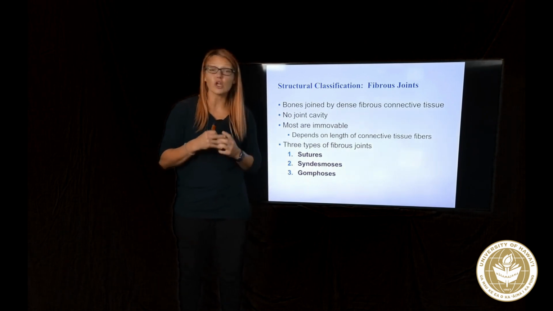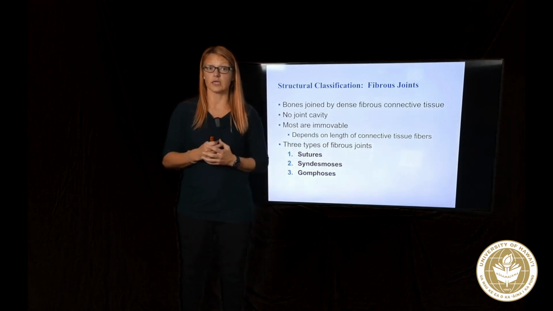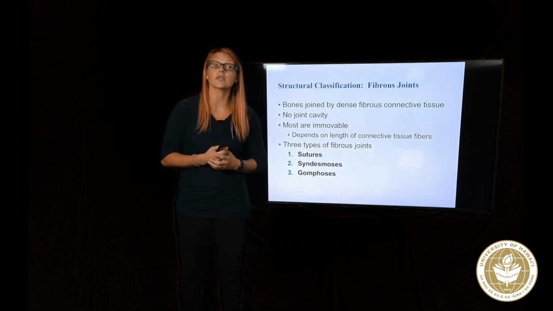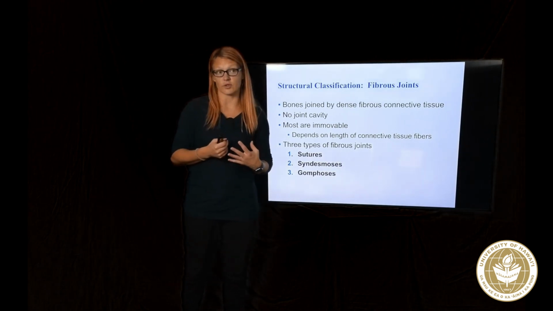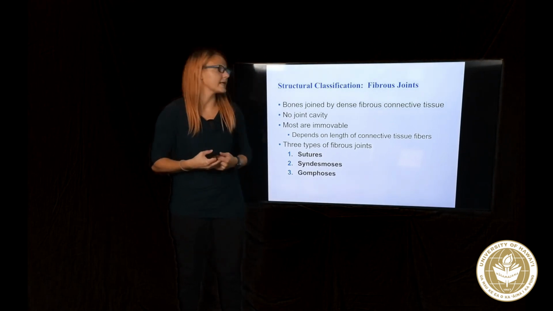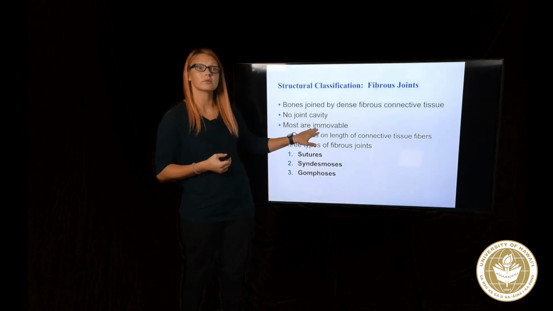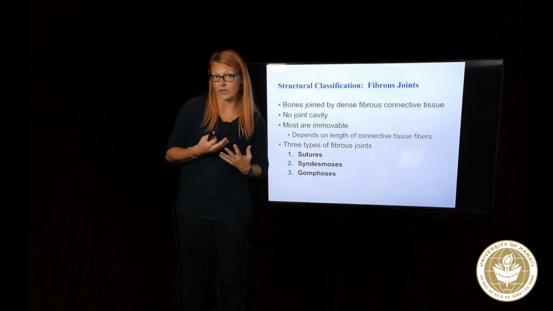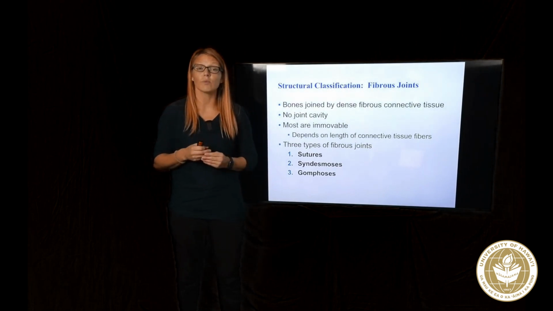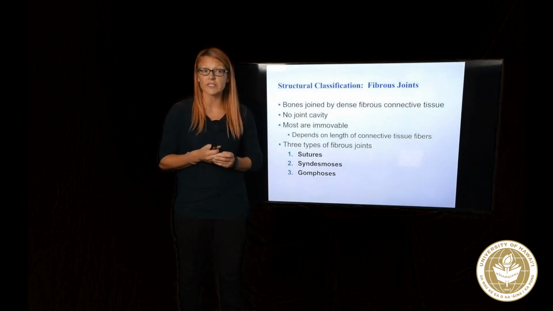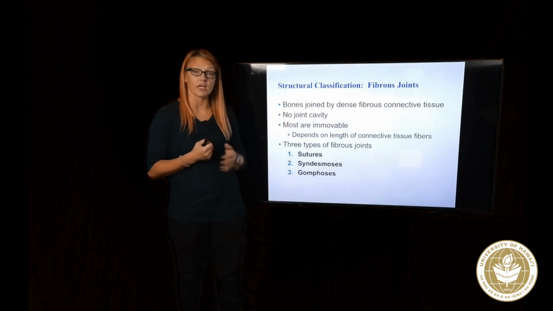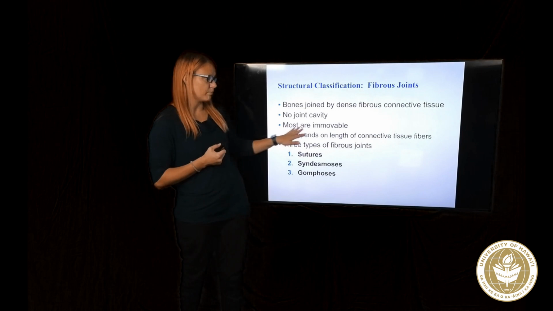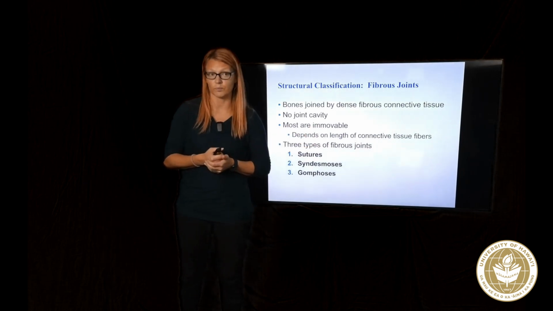So there's really no joint cavity in these fibrous joints. And we're going to talk more about cavities when we get into the other types of joints. But because they're mainly immovable, they don't have a cavity to move around. And when we talk later about synovial joints, you'll see why that cavity is so important. So again, no joint cavity for these fibrous joints, and they're mostly going to be immovable.